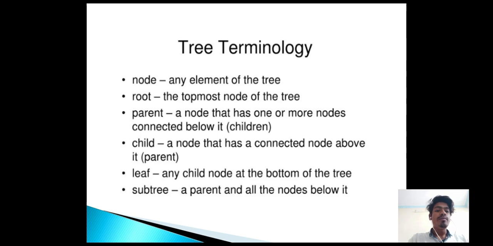Leaf: any child node at the bottom of the tree is called a leaf. A parent and all nodes below it is called a subtree. So this is the tree terminology.